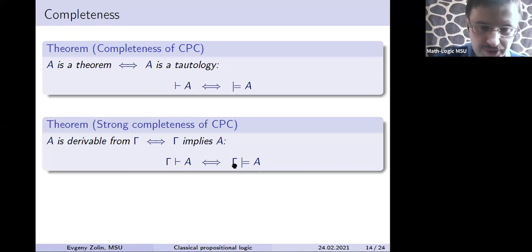So for every valuation V, if gamma is true under V, then A is true under V. So our axioms not only allow us to prove all tautologies, but they also allow us to prove all consequences from all possible sets of hypotheses gamma. Quite an interesting property.